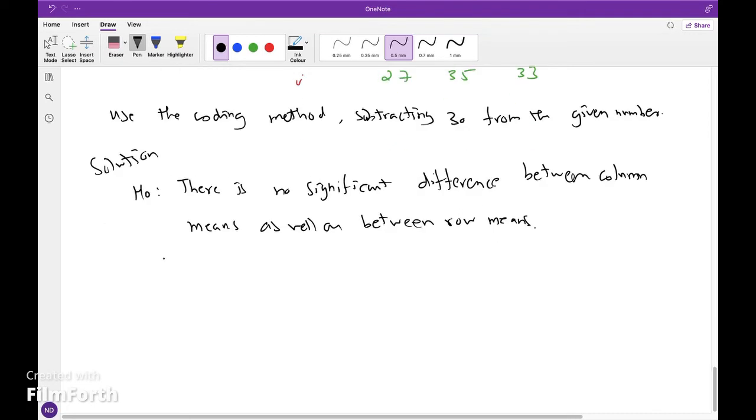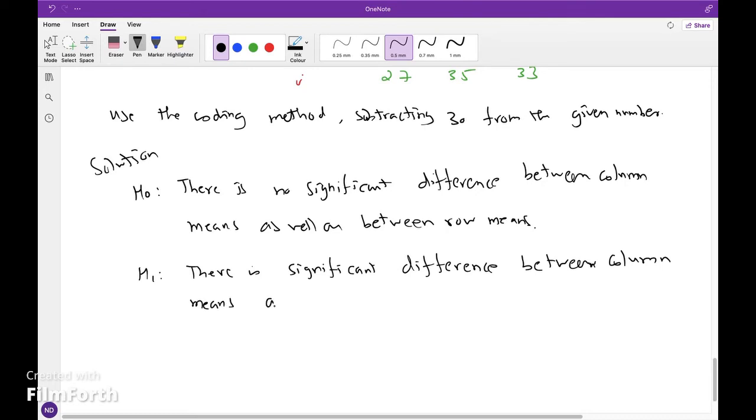H1, the alternative hypothesis: there is significant difference between column means as well as between row means.